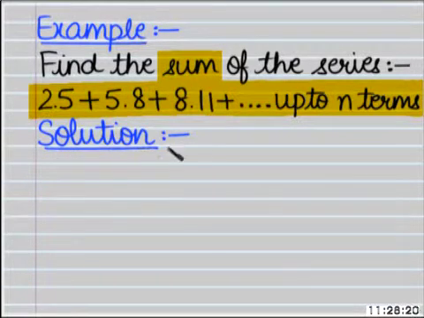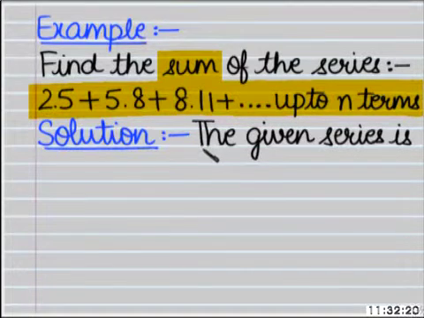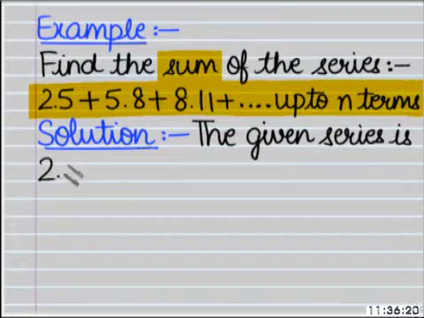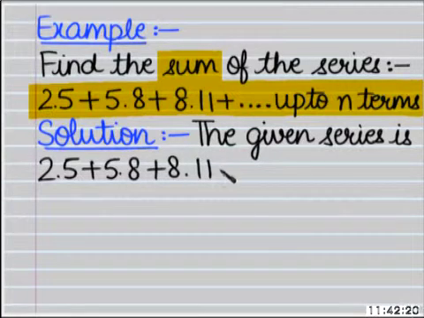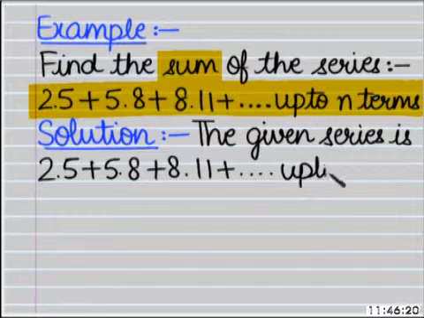Now let us see its solution. Here the given series is 2 into 5 plus 5 into 8 plus 8 into 11 plus so on up to n terms.